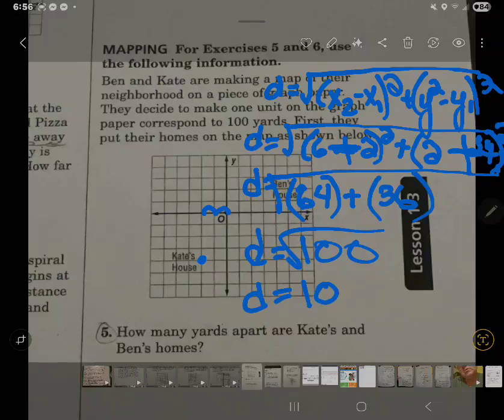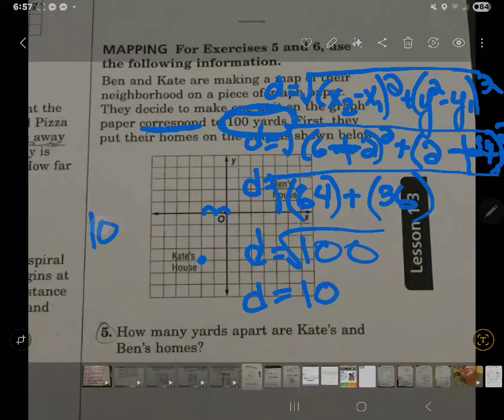But wait a minute. Didn't they tell us at the beginning of this question that each one unit corresponds to 100 yards? Do y'all see that? So we can't forget that. So if we have 10 units, we have to take that 10 and multiply it by 100 yards. Well, hopefully Sergio's watching. I know he knows what 100 yards is because he's one heck of a football player.